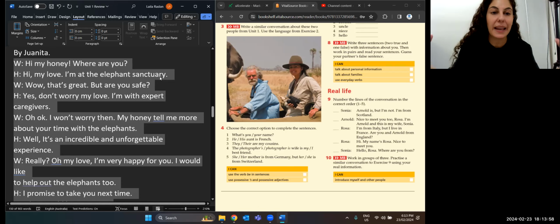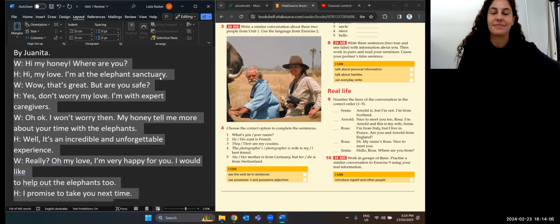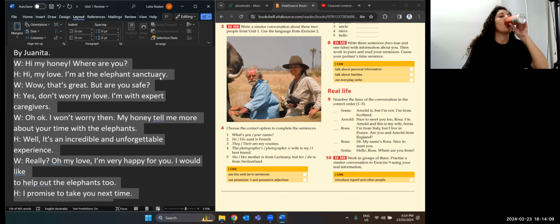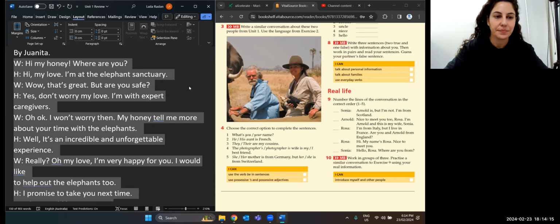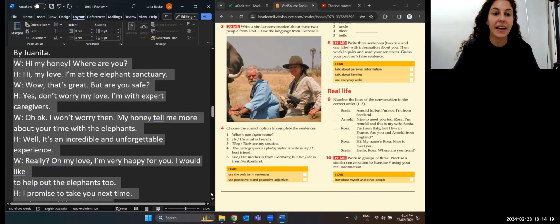Sanctuary. So that means a place where they help all the elephants. So they take care of all the elephants. Wow. Yeah, caregivers. So people that take care of the animals, they're experts, they're professional people that take care of animals. So don't worry.